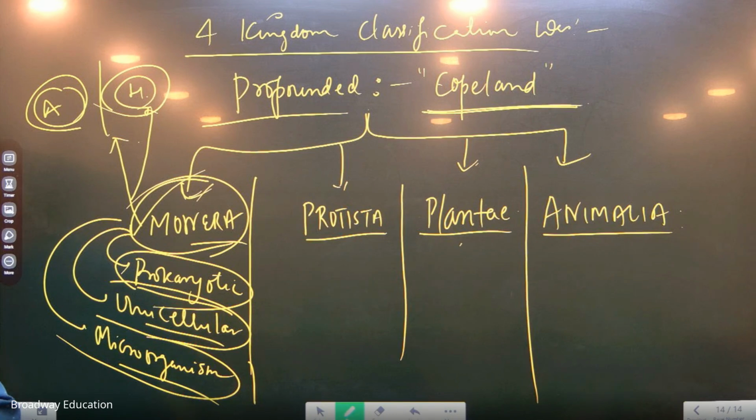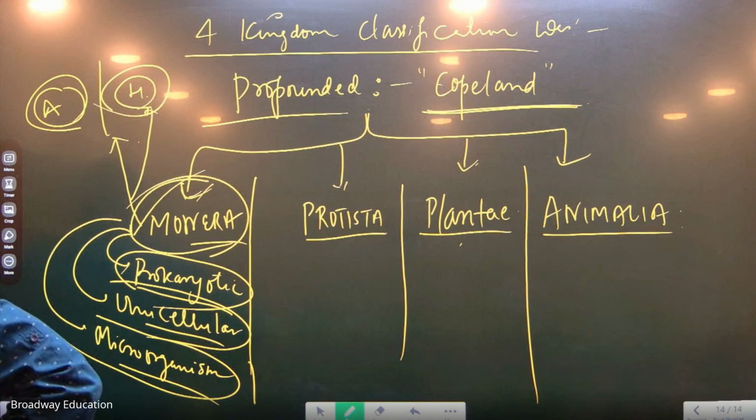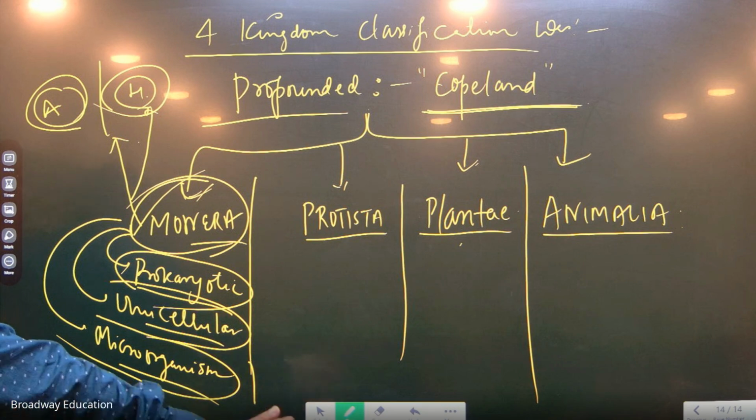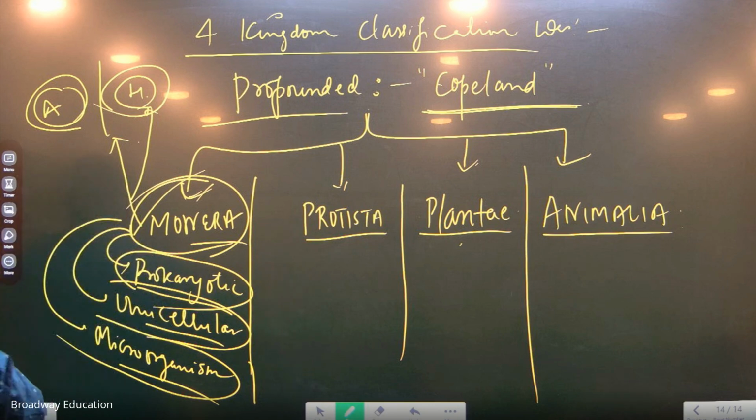And I hope by this time you are aware of what is meant by prokaryotic cells. Yes, no? This is step by step, going ahead now. If I had started directly from classification, maybe you would not have understood. If I had not explained the differences between prokaryotes and eukaryotes and the cell organelles, you would not have understood this. But now you can connect the dots.